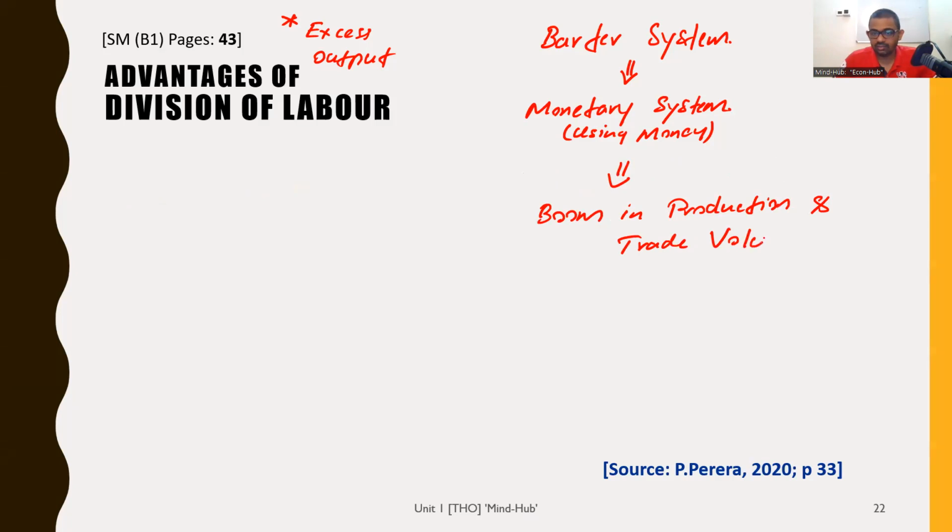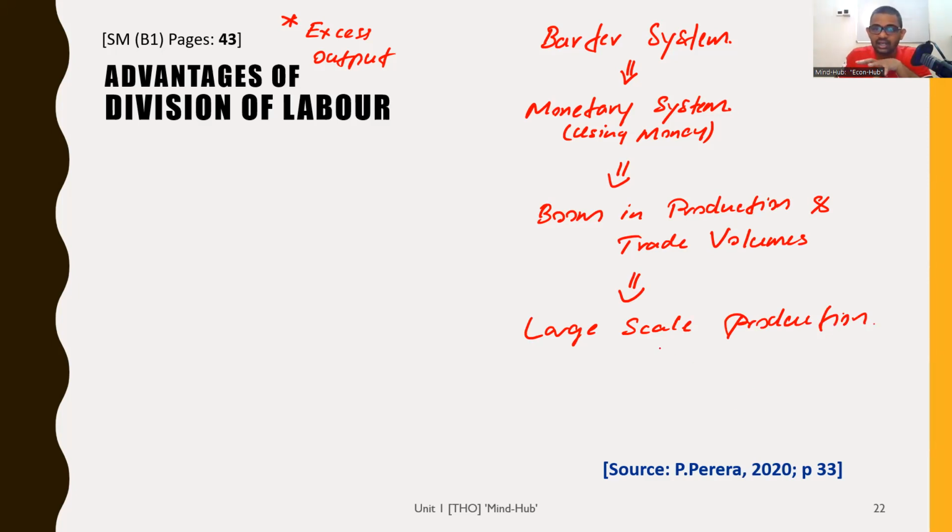We say volumes, levels. If we want this boom in production and trade volumes to happen, we have to then go into large scale production. Now we have got the background, large scale production.